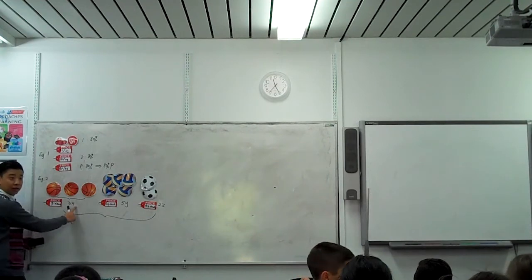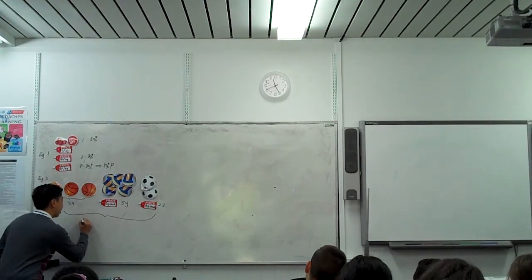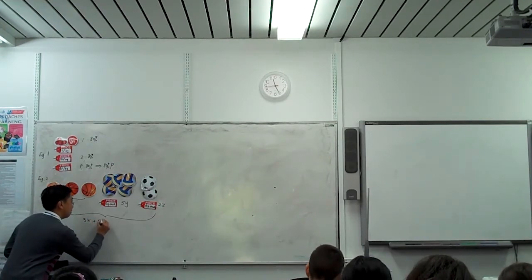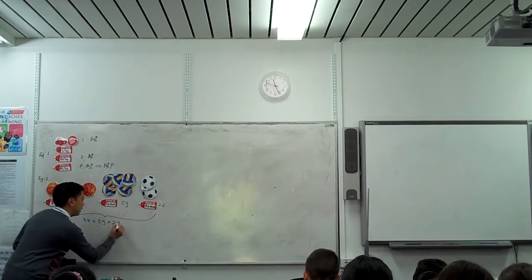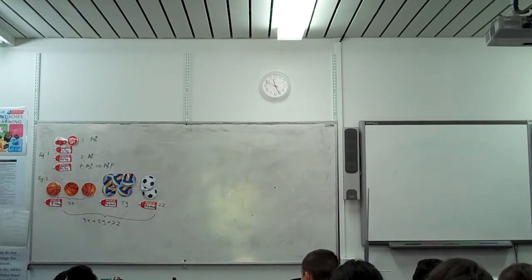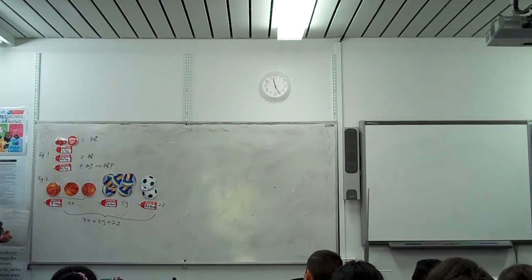How about this one? Add 3x. I'm going to add them together. So 3x plus 5y plus 2z is the total price. Do you agree with that? Okay, very good. Now, we use this to do some revision on the algebra.